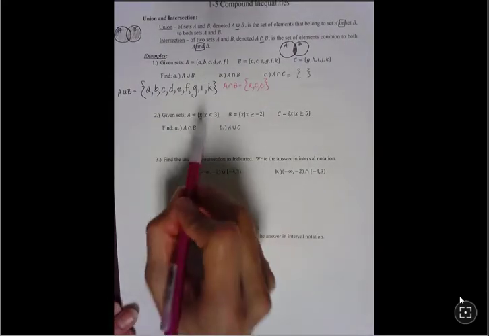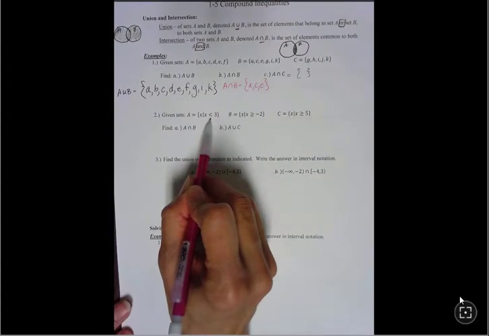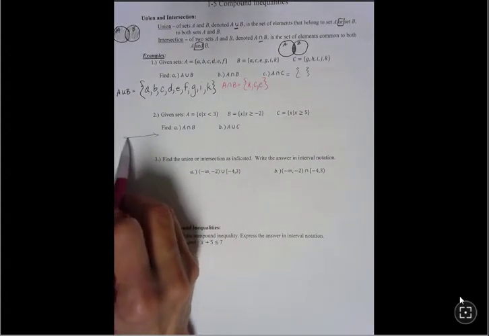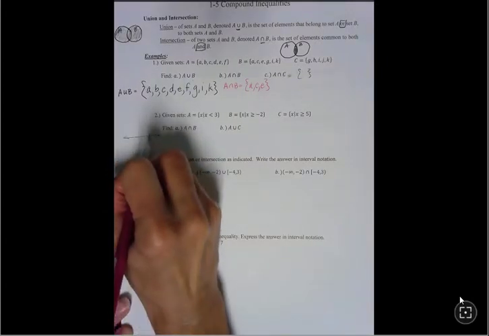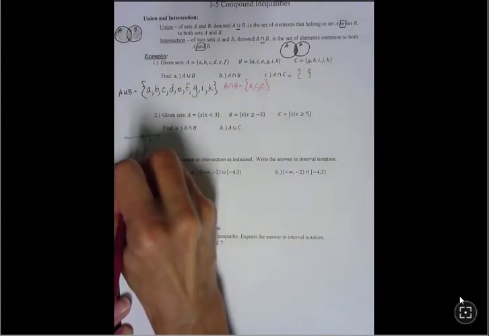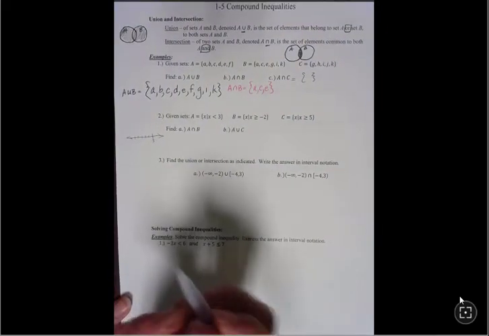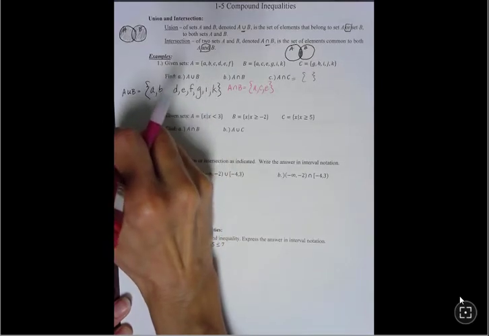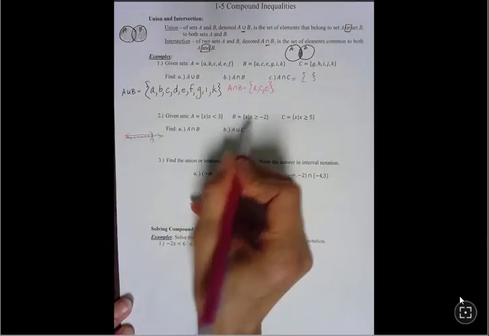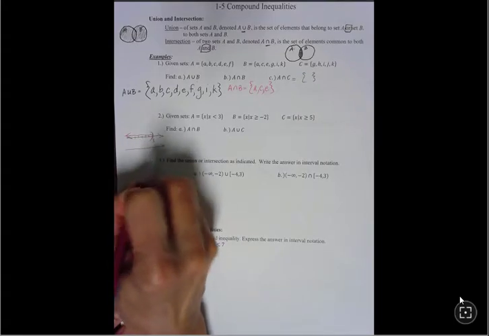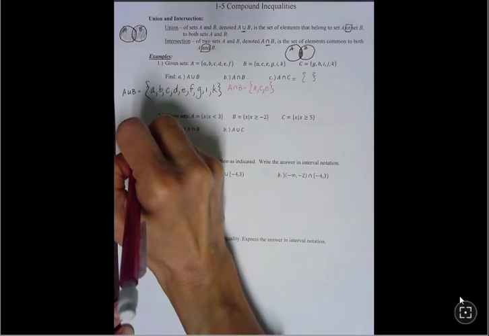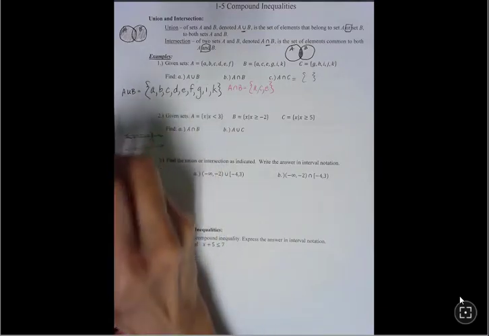So if A is all numbers less than 3, let's take a quick look on a number line. So I have the number 3. And anything less than that would be shaded, and then B is anything greater than or equal to -2. So here's -2.